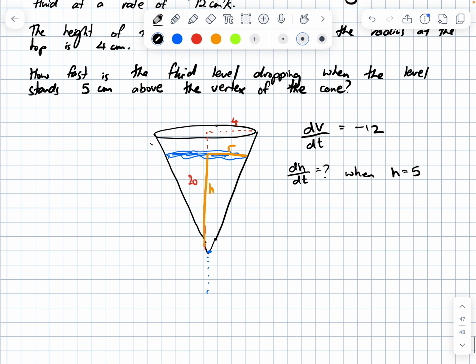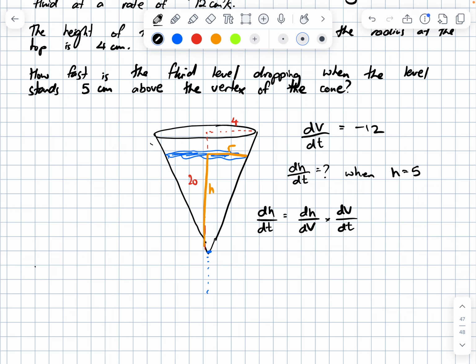Okay, let's try to write an equation for dh/dt. That's going to be dh over something times something over dt, and we know it's v, so dh/dv times dv/dt.